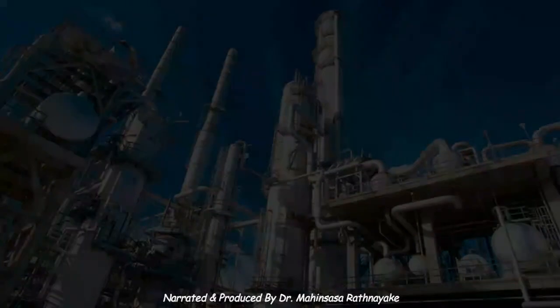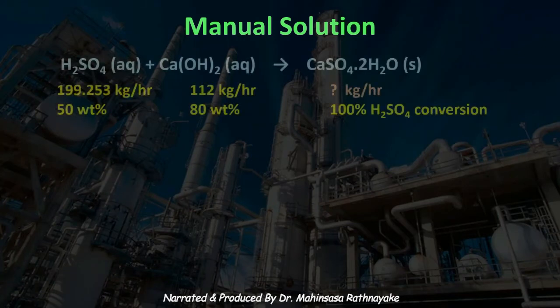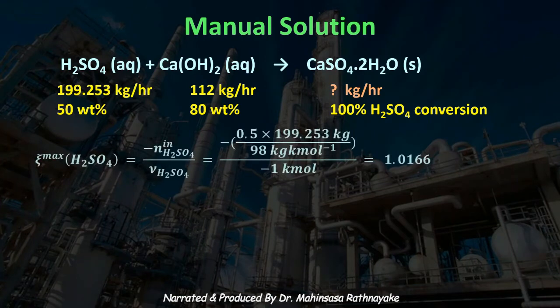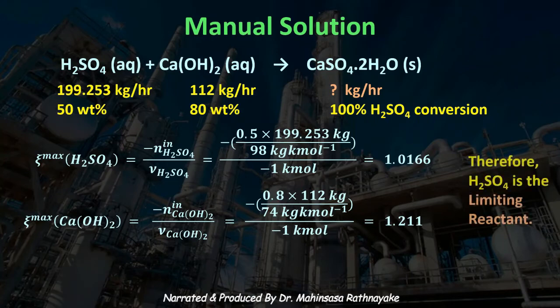Let's see the manual solution for this problem. First, we need to find out what is the limiting reactant of this reaction. The calculation for maximum extent of reaction indicates that H2SO4 is the limiting reactant and 1.0166 kilomole of H2SO4 reacts with calcium hydroxide for complete neutralization.